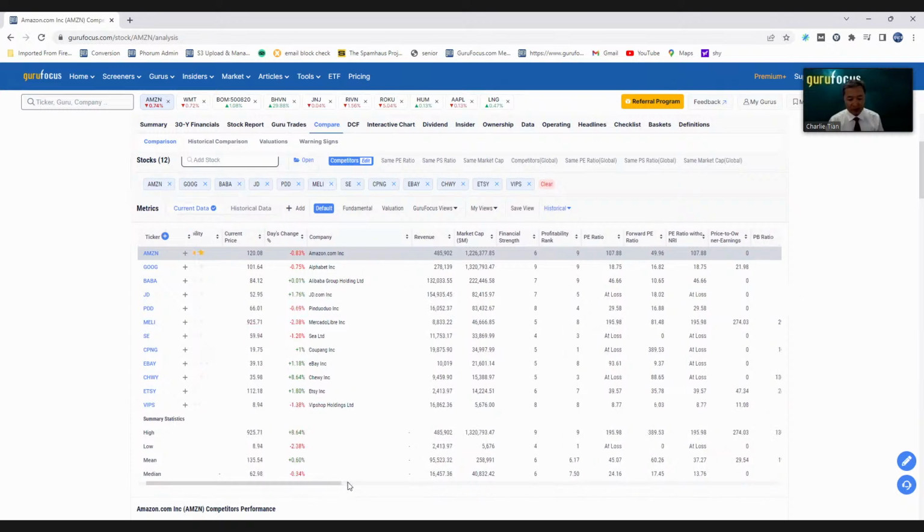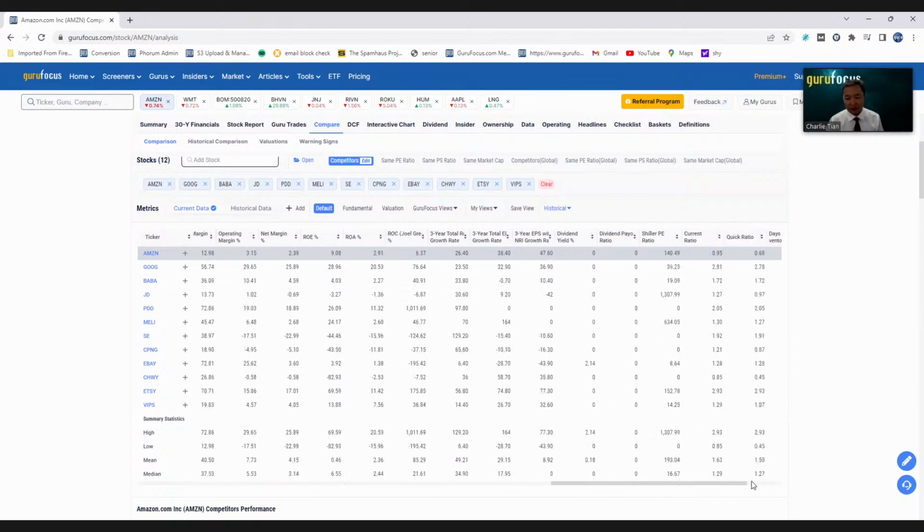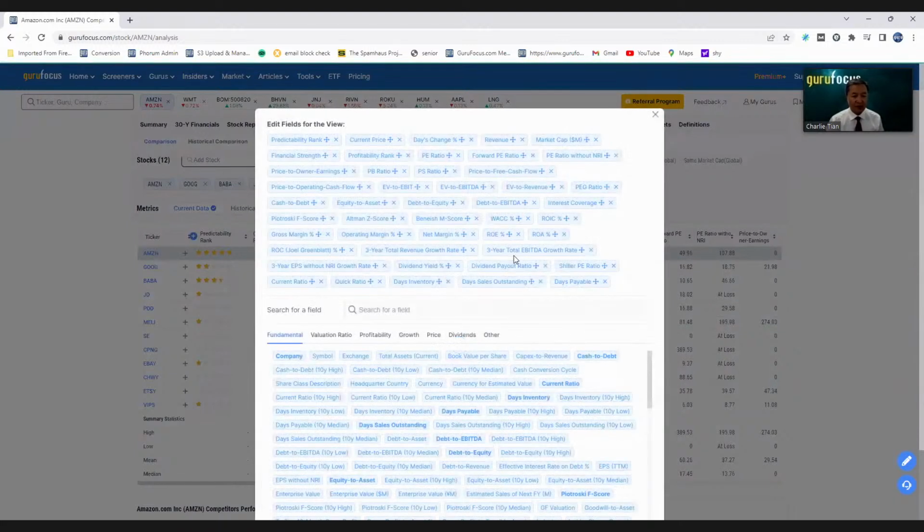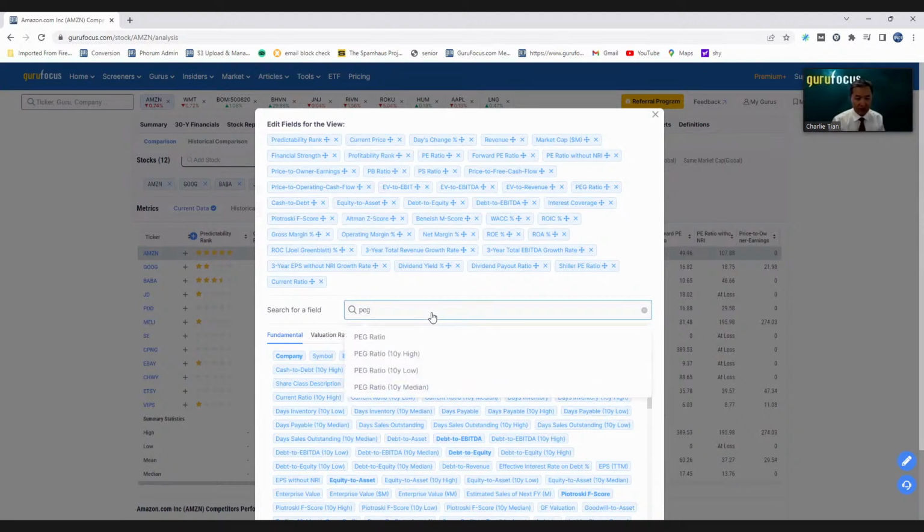The default will give you lots of parameters, and you can always customize it so that you can get the parameters you want. If you don't want this, don't want that, you just change them. If you want, for instance, the PEG ratio, you add it. Yeah, it's added here now.